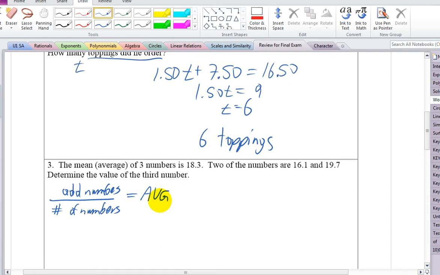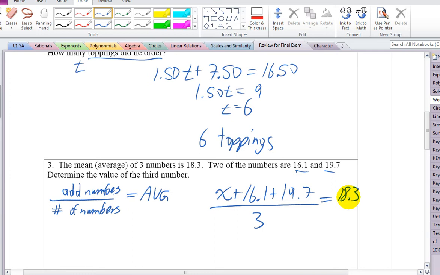Two of the numbers are 16.1 and 19.7. Find the third. So we have x plus 16.1 plus 19.7 divided by 3 equals 18.3. Okay. Go ahead now, solve for x.